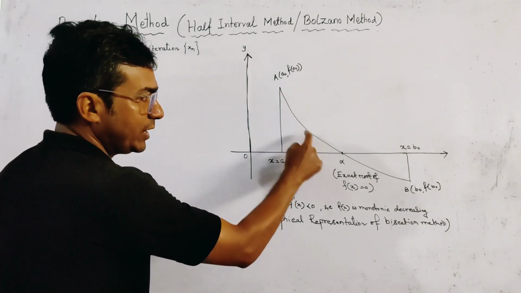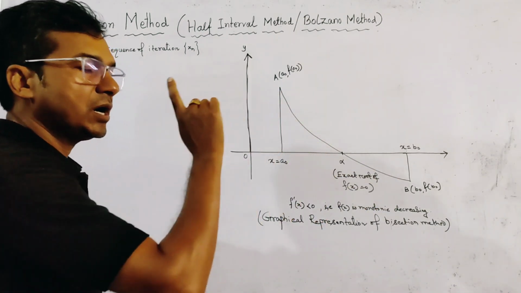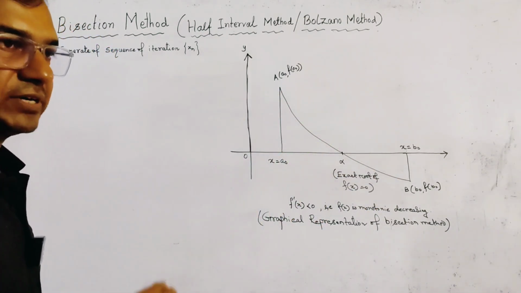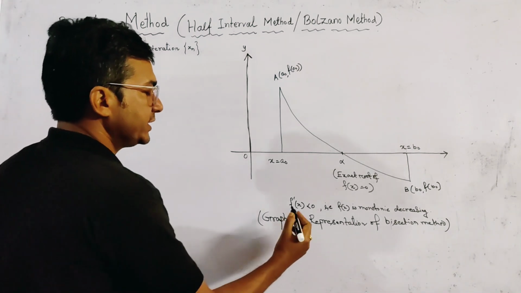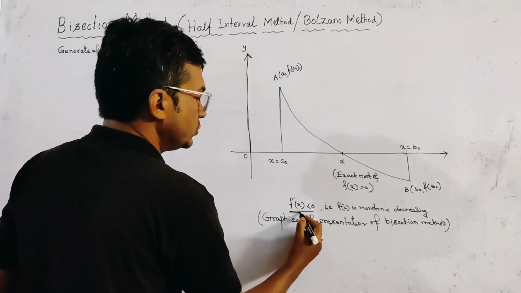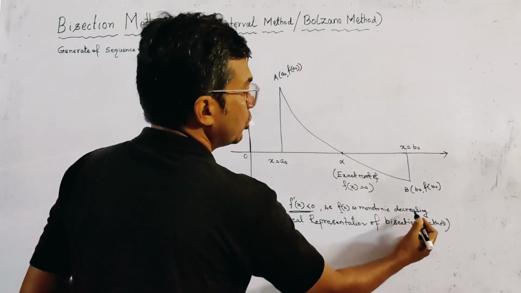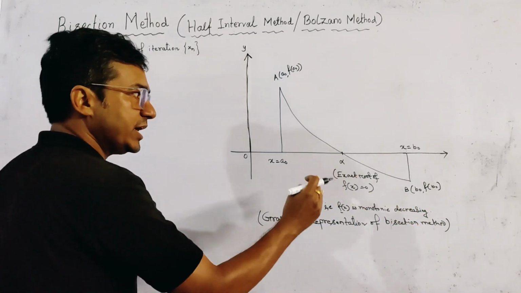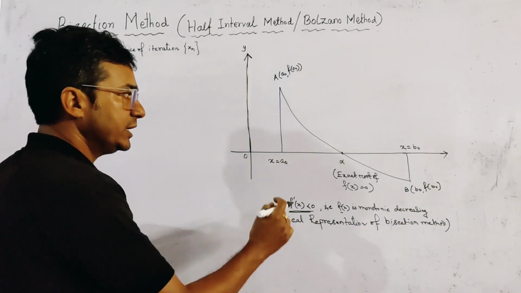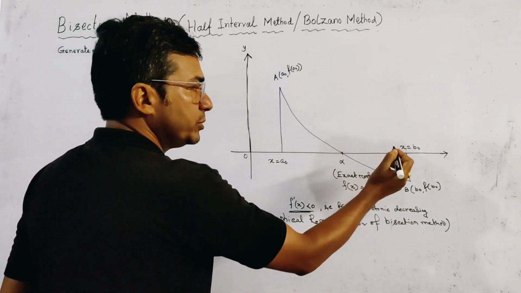Here we geometrically draw a curve from a to b, the curve y = f(x). Let f'(x) be less than 0, that is, the curve is strictly monotonic decreasing in the interval [a0, b0].